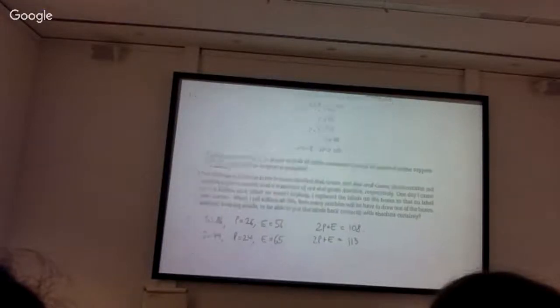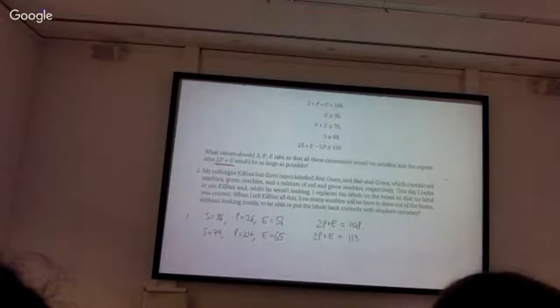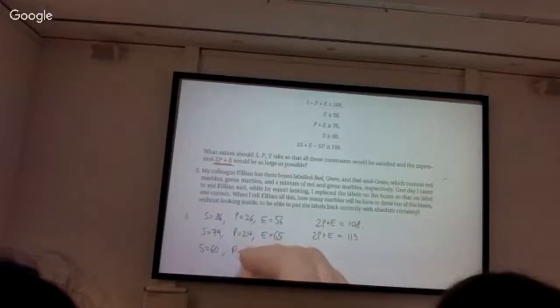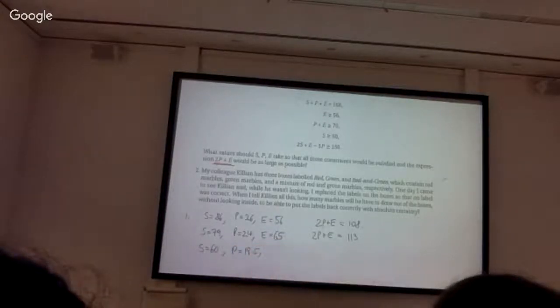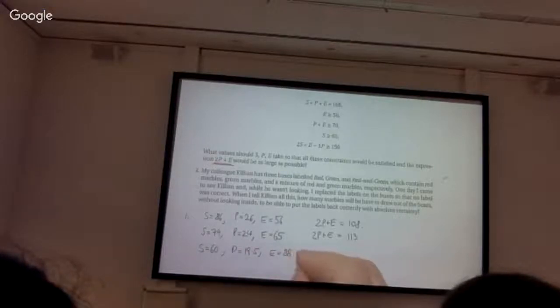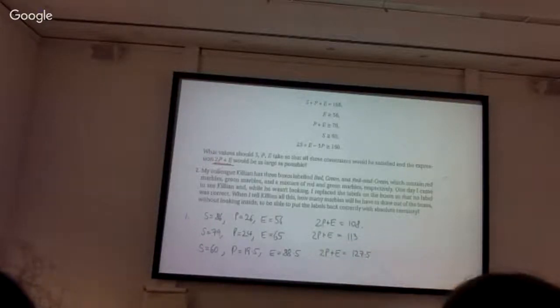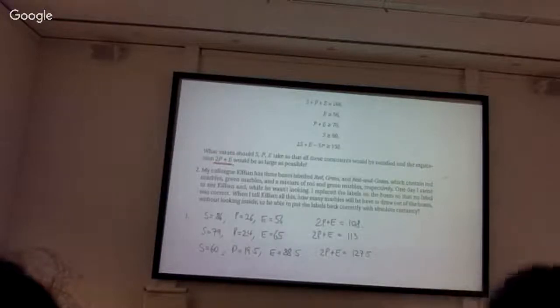Well, I think I've got a better solution. I've got 60 for studying, 19 and a half for partying, and 88.5 for everything else. And what I'm getting is 127.5. Aha.